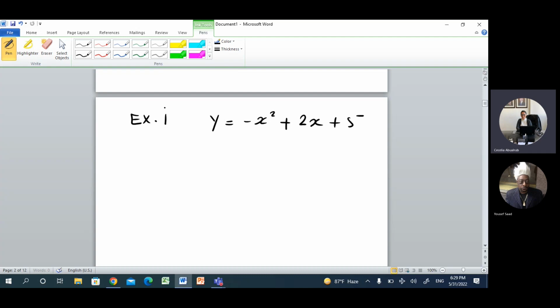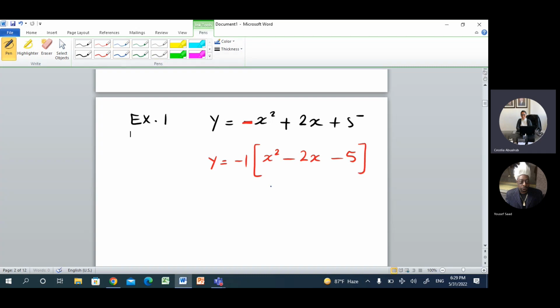And as you can see, the leading coefficient is -1 and not 1. In this case, we need to factorize the -1. So it will be y is equal -1 will come out, open a squarish bracket. So it will be here x squared minus 2x minus 5.